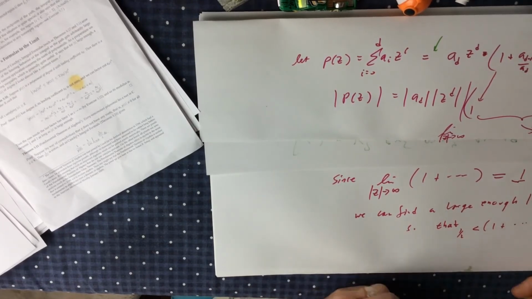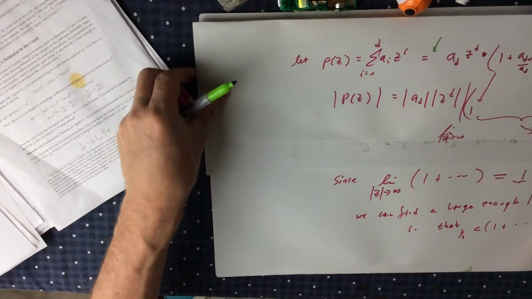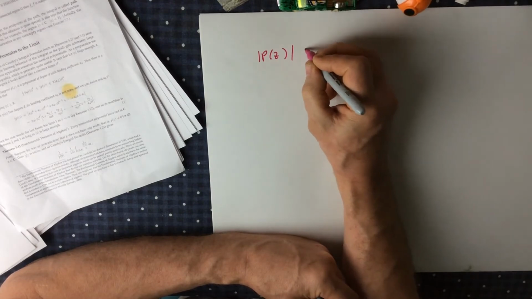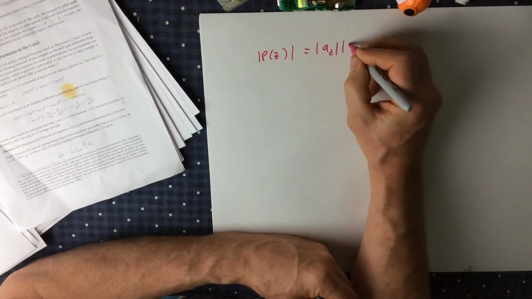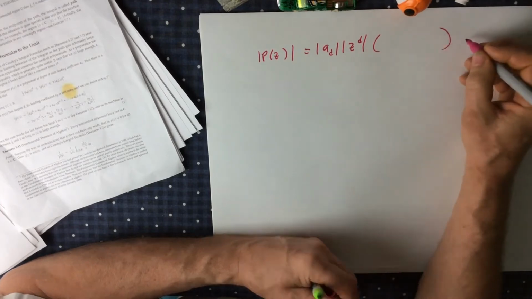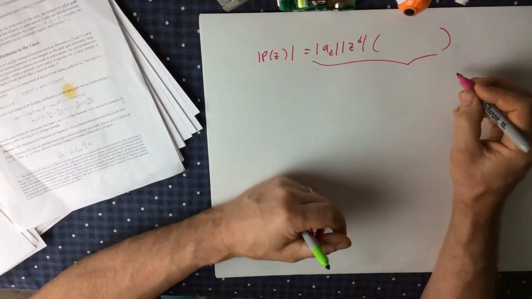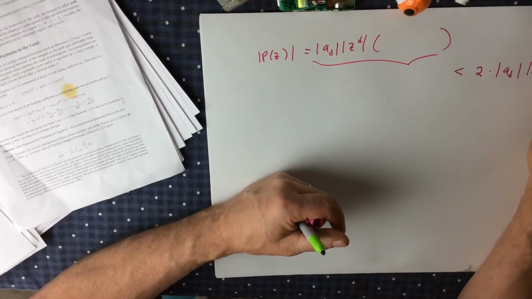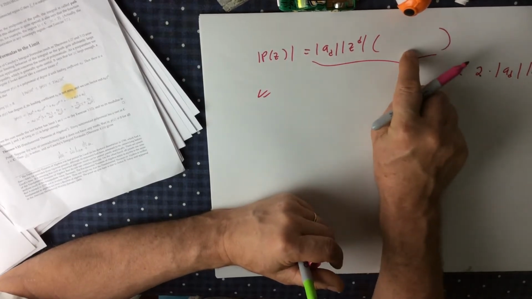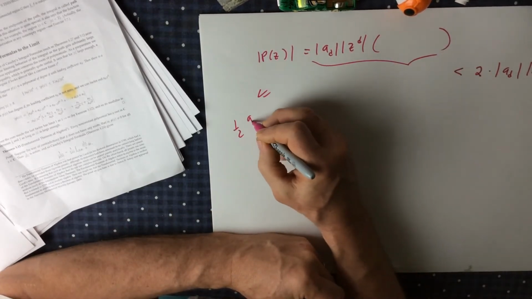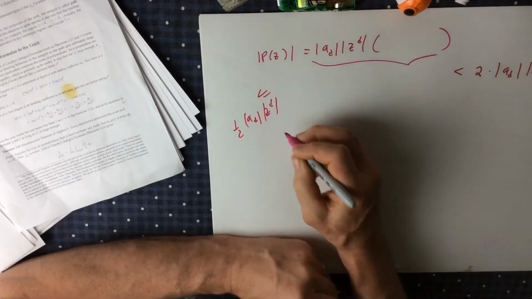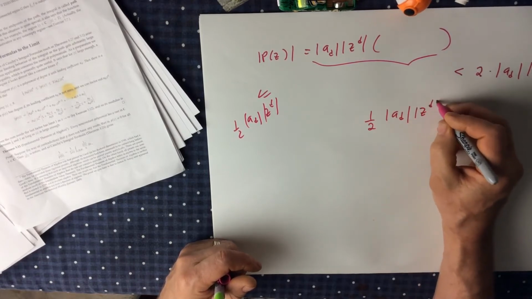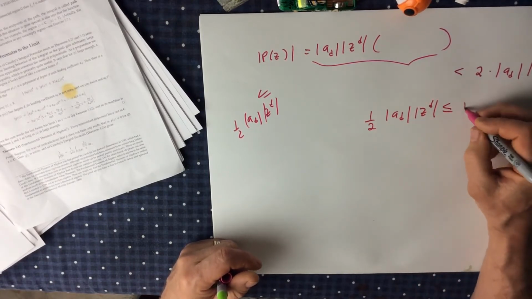One's in between there, that's close enough. So be it. Well, what does this mean? It means that the modulus of P of z, which is equal to a sub d, z to the d, times that term, which we now know is bounded between 1/2 and 2. And we have discovered a very simple fact, and that's what I was demonstrating before.